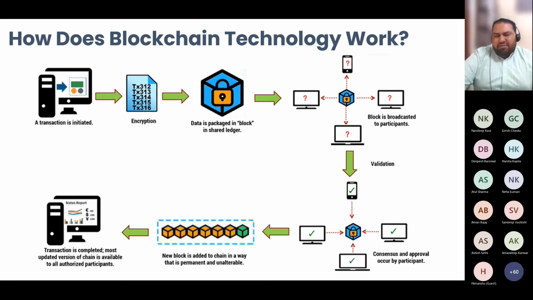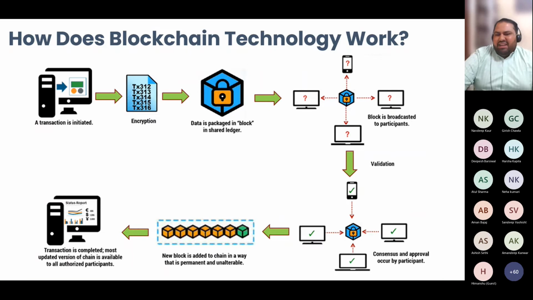It means that if we have 100 nodes connected to our blockchain system, then a block is validated and verified only if 51 nodes give their consensus. Only after that is the new block added at the end of the blockchain.